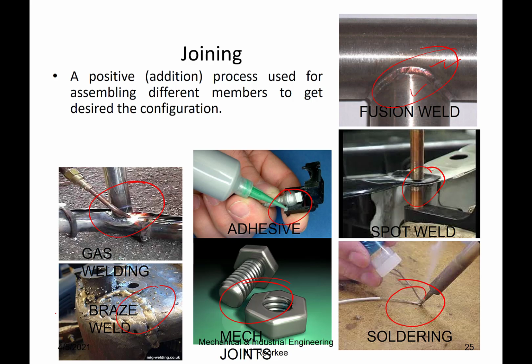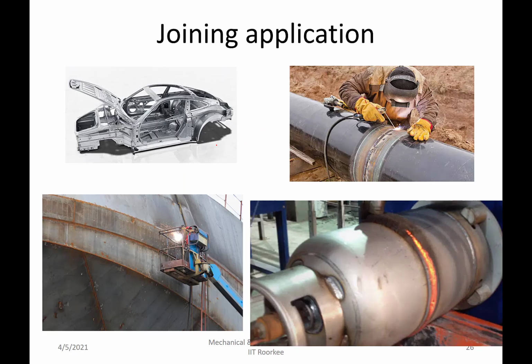Basically, we are more concerned about fusion welding in this course. Fusion welding is extensively applied in industry. Say a typical car uses 4,000 to 5,000 spot weld joints. Likewise, in the whole automotive industry, joining is a very integral and inherent part.